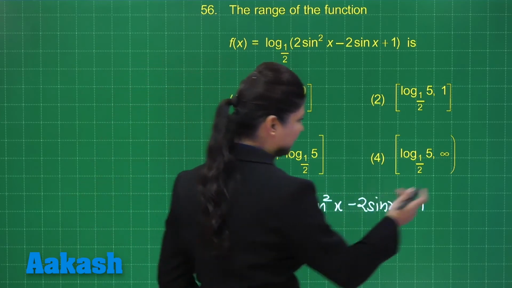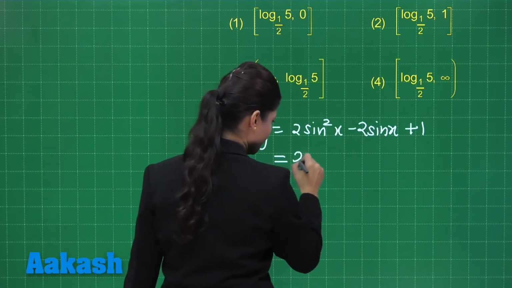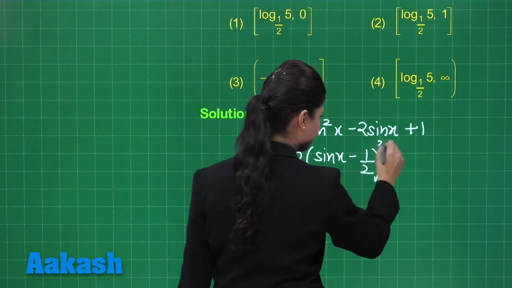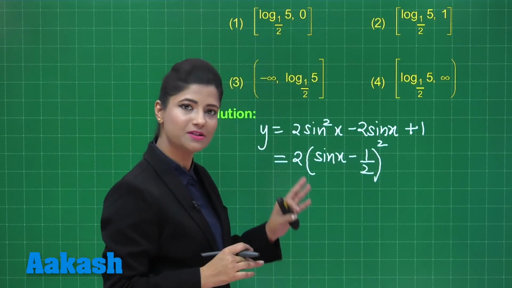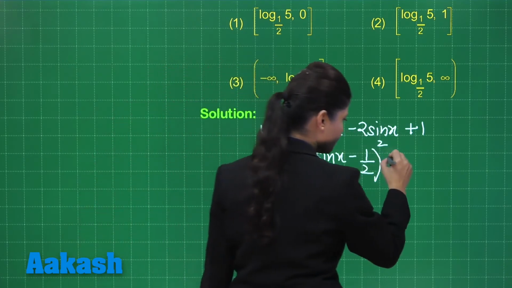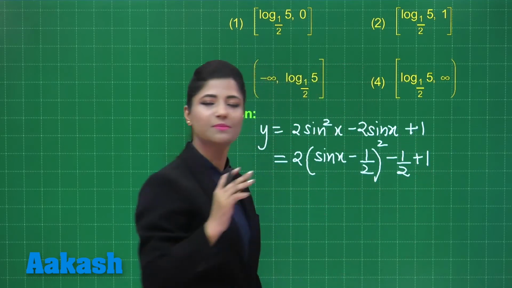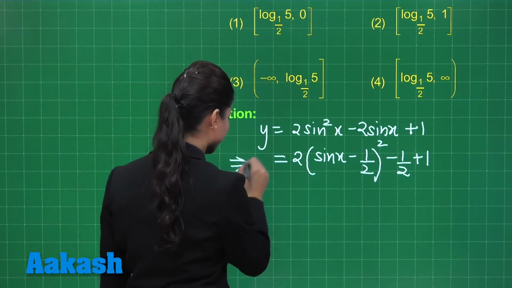After that, on completing the identity, here you will obtain 2 times sine x minus 1 by 2, whole square. On completing this identity, you have added here minus 1 upon 4 and plus 1 upon 4. So minus 1 upon 4 will go out of this bracket. 2 into minus 1 upon 4 results here in minus 1 upon 2 plus 1. This whole constant term simplifies to the value plus 1 upon 2. So this is the value of y.